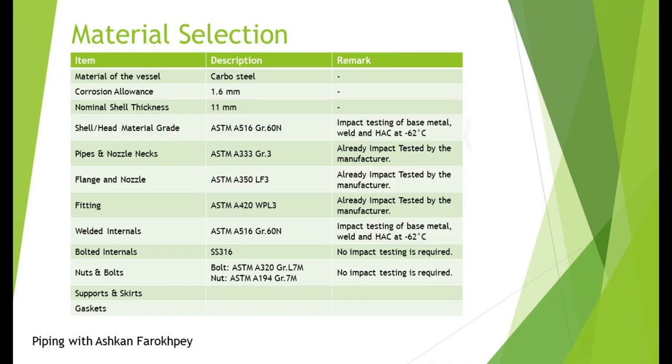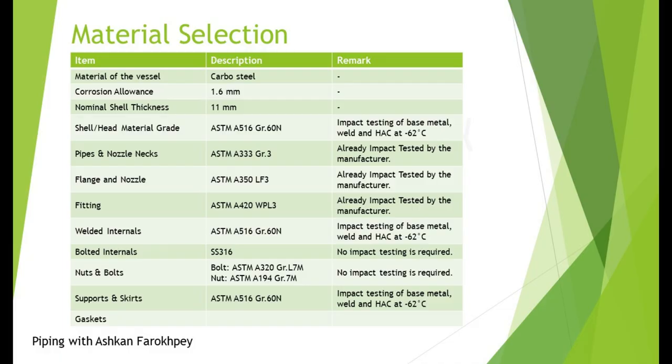As a result, the supports and skirts MDMT, or minimum design material temperature, would be also minus 62 degrees centigrade. To tolerate this cold temperature and to prevent galvanic corrosion, the best candidate material would be ASTM A516 grade 16 normalized, with impact testing at minus 62 degrees centigrade.